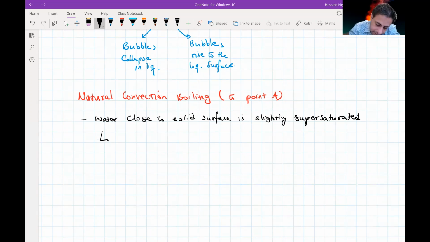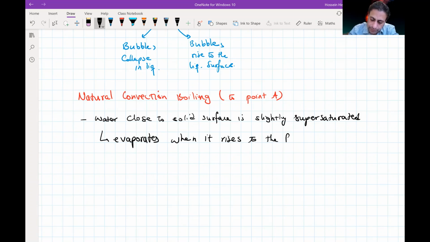This water evaporates when it rises to the free surface.